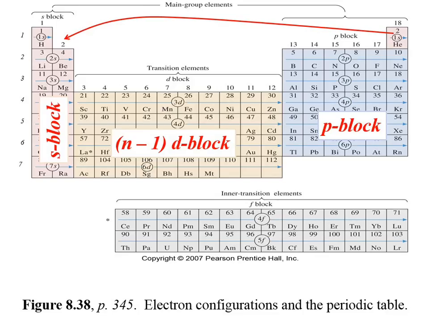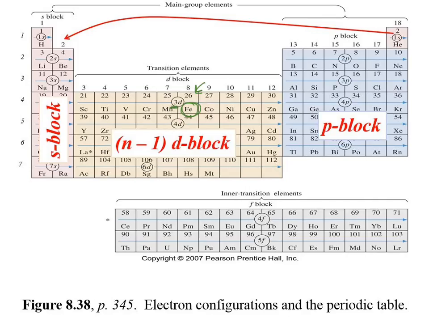So for instance, if we pick on iron, iron is clearly D block, 26 electrons, and notice that it's in period 4, but it's 3D, so period 4, 4 minus 1 is 3, so they're 3D electrons. So that's why they call it N minus 1.